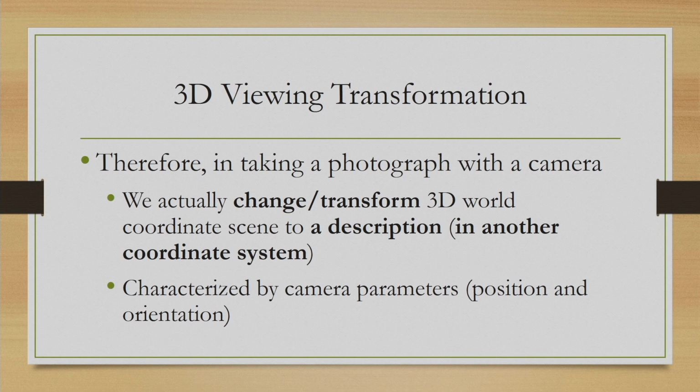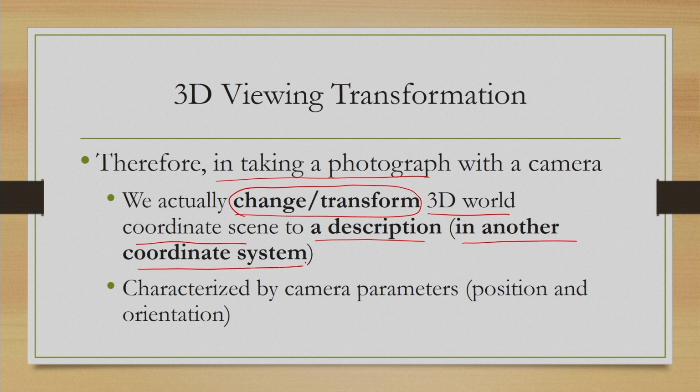So, then what happens? When we are taking a photograph with a camera, we are actually changing or transforming the 3D world coordinate scene to a description in another coordinate system. This is the most fundamental concept to be noted to understand how computer graphics simulates the process of taking a photograph.